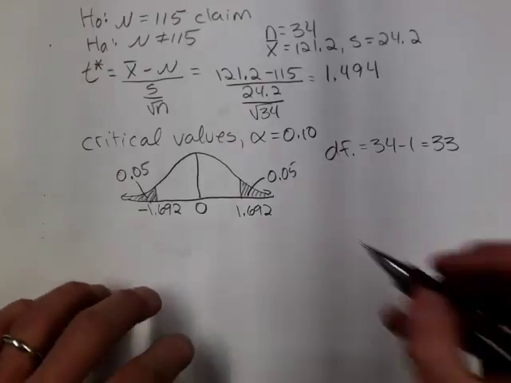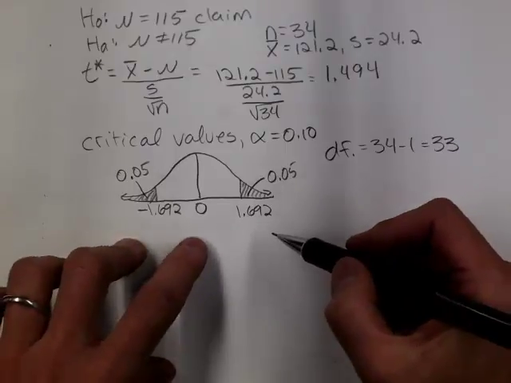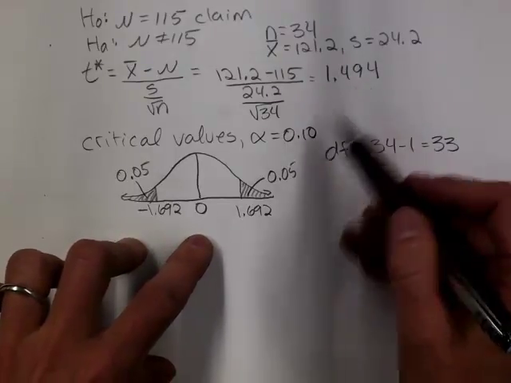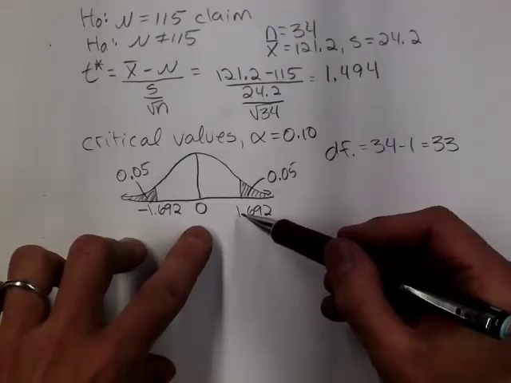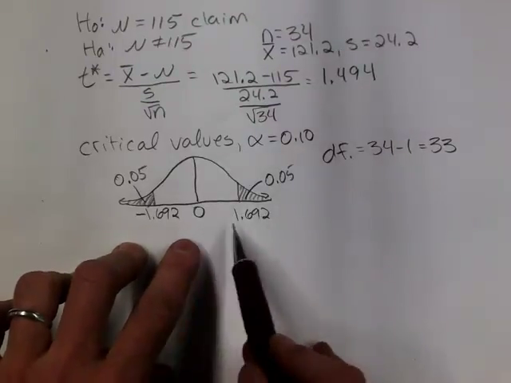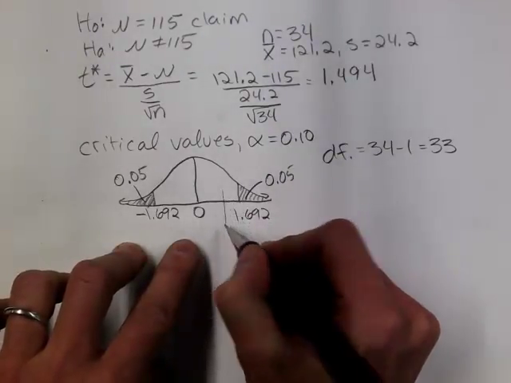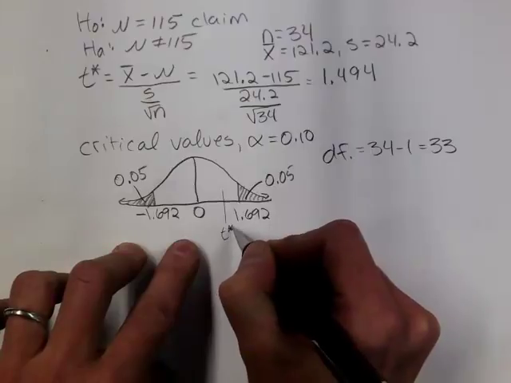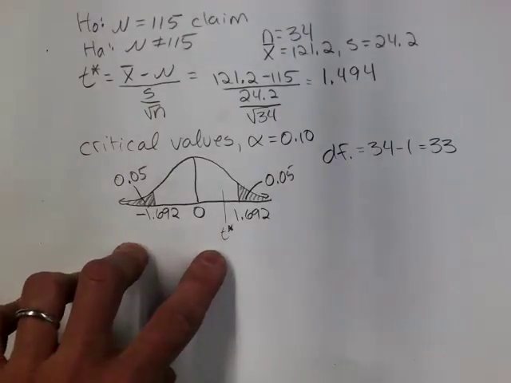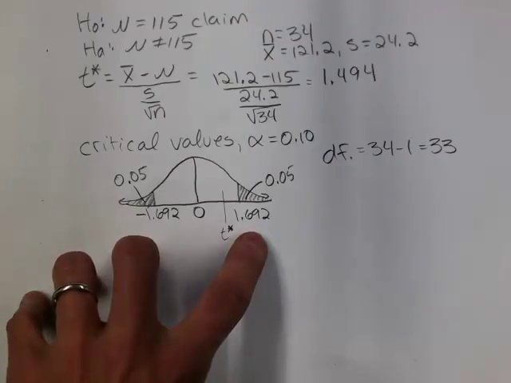At this point in time, what will be our decision? Where does our test statistic lie with respect to the critical values? It lies in between, right? My test statistic is in the fail to reject region. You see that? 1.49 is less than 1.692.